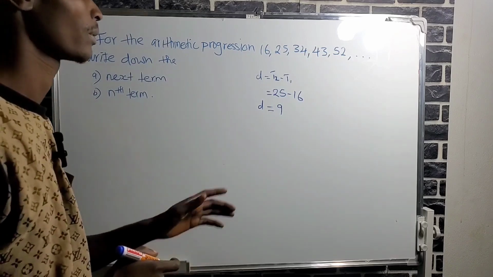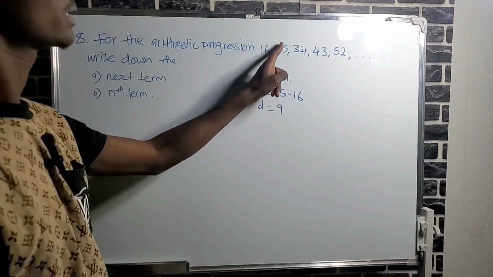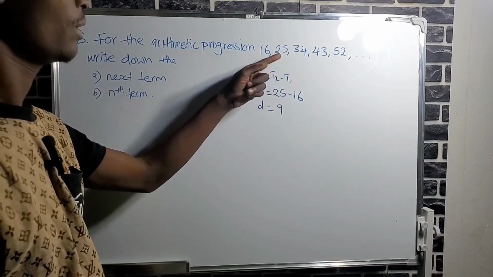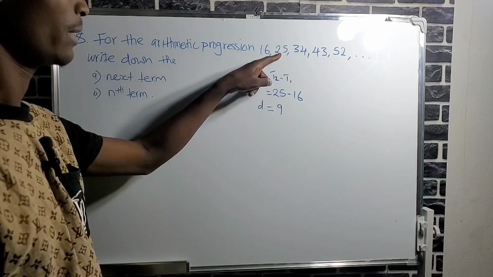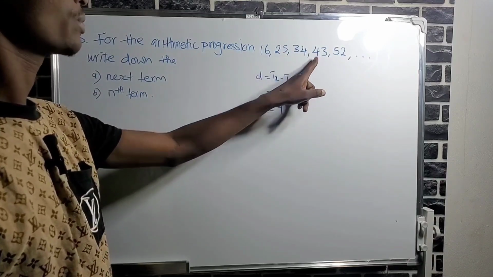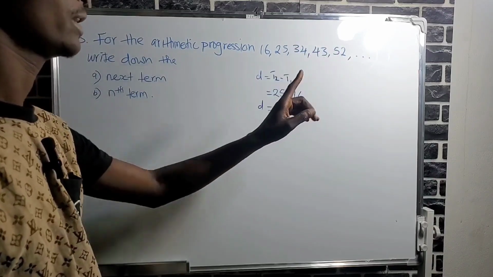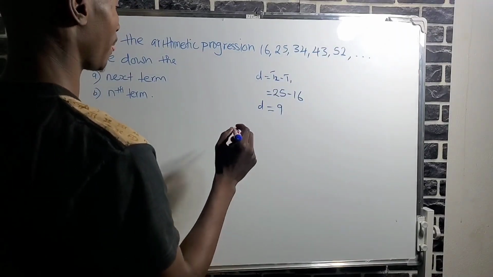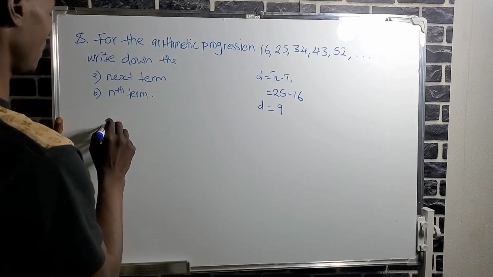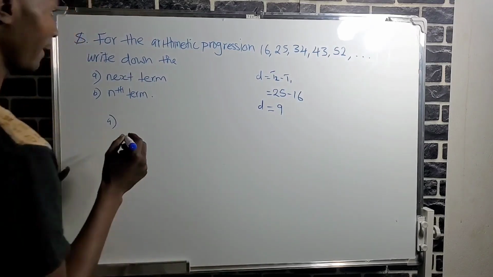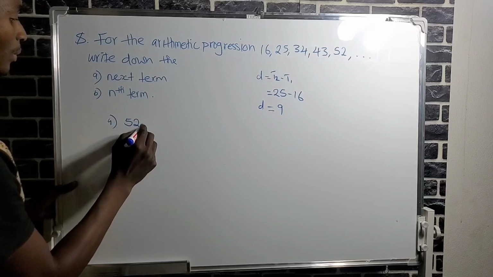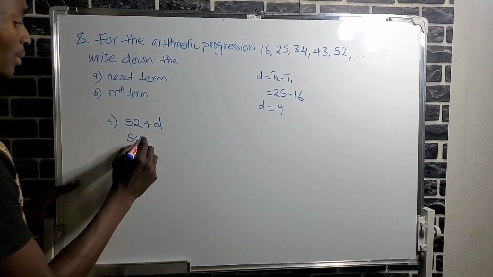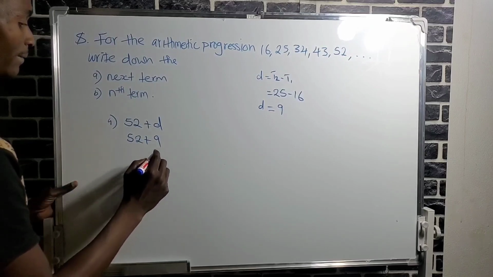So listen, to find the second term, we add 9. To find the third term, which is 34, we add 9 to 25. To find this, we add 9. To find this, we add 9. So to find the next term, this is for number 1, we're going to add 52 plus d, the common difference, which will be 52 plus 9.